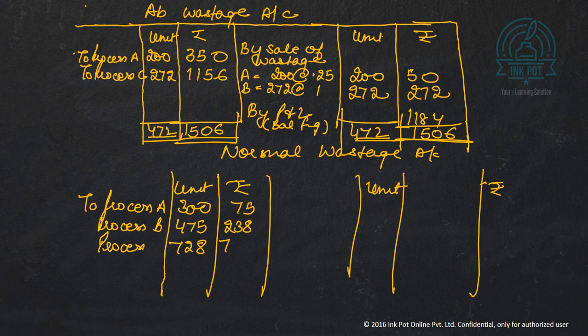Now by sale, we know the sale value also, by sale of A, B, C. So in case of normal wastage, let me show you how I have calculated the units.